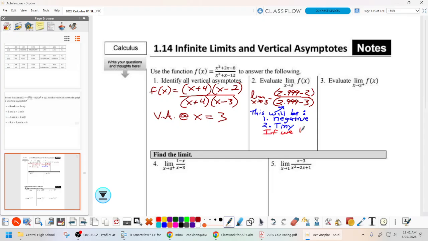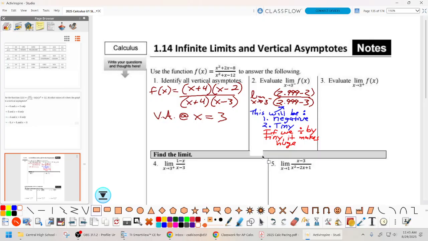If we divide, let's use the symbol. We divide by tiny, not Timmy. It makes huge. Okay? Negative huge is what?